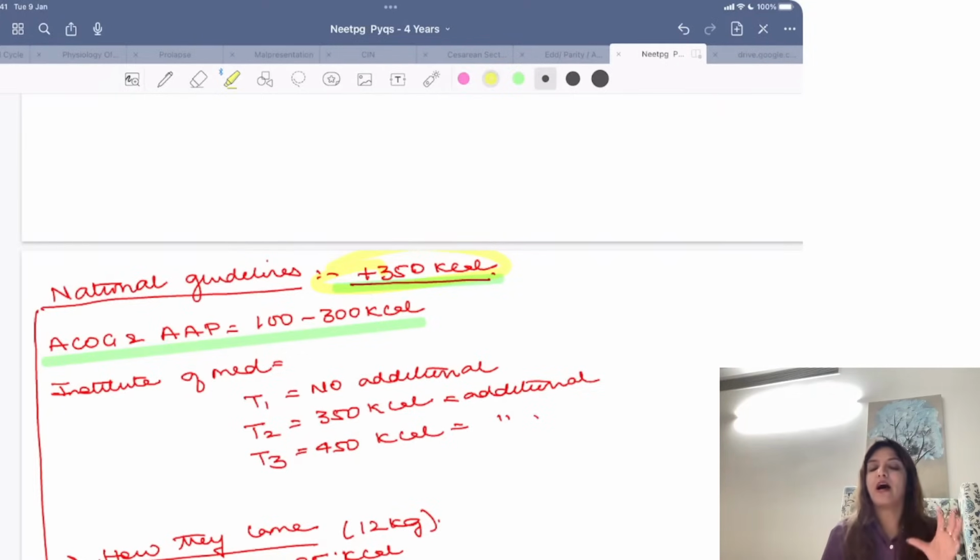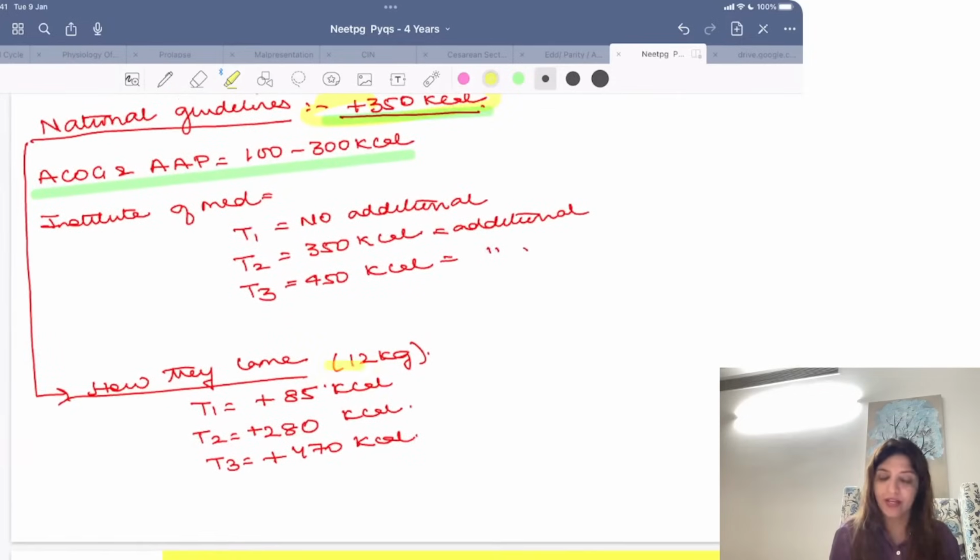Now, how did our national guidelines come to this conclusion? They assumed that the weight gain during pregnancy is 12 kgs. They then bifurcated this into three parts: in the first trimester additional 85 calories are needed, in the second trimester 280 calories, and in the third trimester 470 calories are needed.